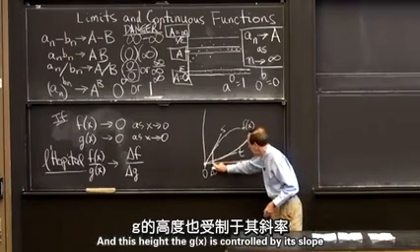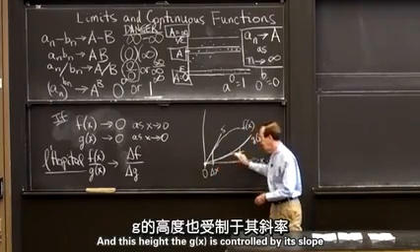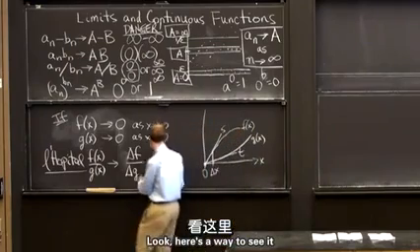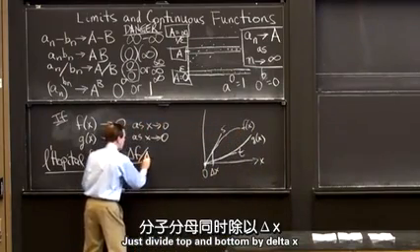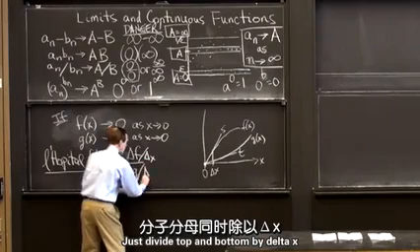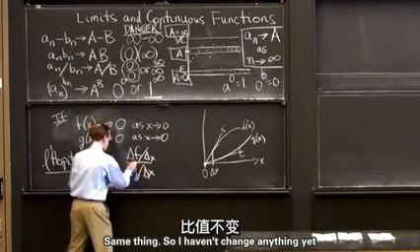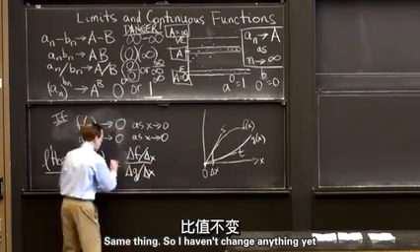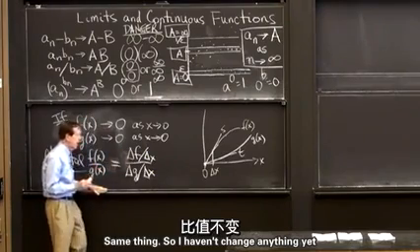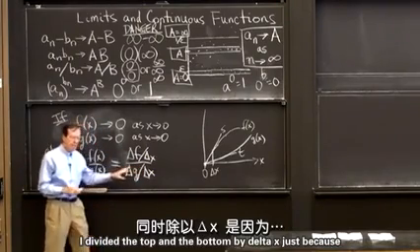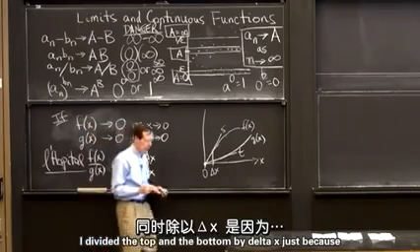And this height, the g of x, is controlled by its slope. Look, here is a way to see it. Just divide top and bottom by delta x. Right? Same thing. So I haven't changed anything yet. I divided the top and the bottom by delta x.